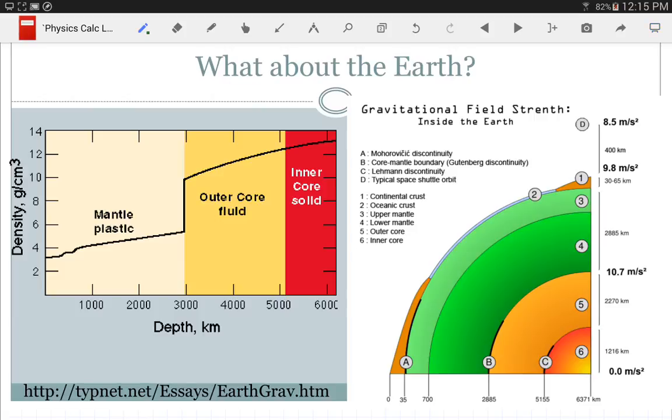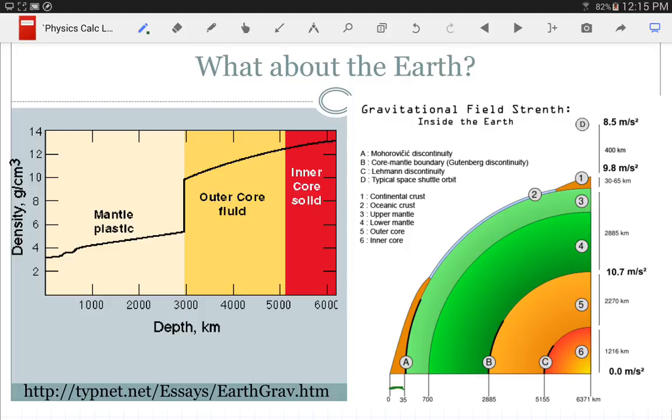Here is a graph showing the density of the Earth as a function of depth. You have the crust of the Earth, that region. The crust varies, over here it shows you, from 30 to 65 kilometers. The oceanic crust gets down to about 7 kilometers at its very thinnest. So we have that crust, which is non-uniform in shape, because the thickness varies.